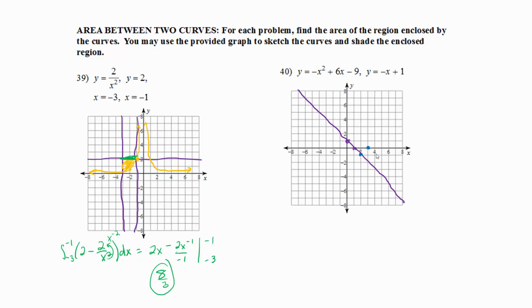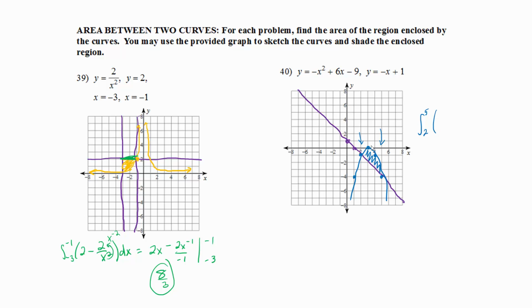There's an intersection point. And there's an intersection point. And we want to shade the region that's in between them, which is right here, and we want to find the area of that. So the x values are what we need here. And so our boundaries are at 2 and 5.